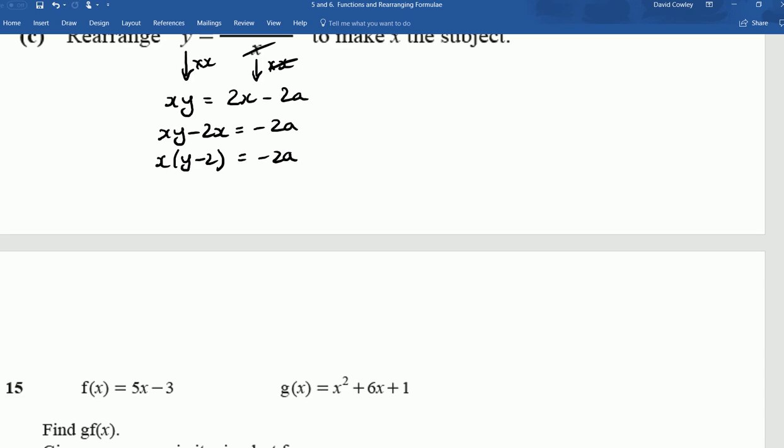Now remember that y minus 2 is just some number, and in order to get rid of that number, I'm going to divide by it. I'm going to divide on this side by y minus 2 to cancel it out, which means I'm dividing on this side by y minus 2 as well. So my final answer is x equals minus 2a over y minus 2.